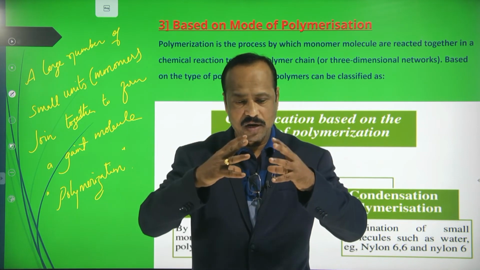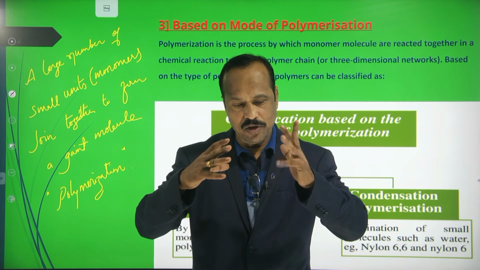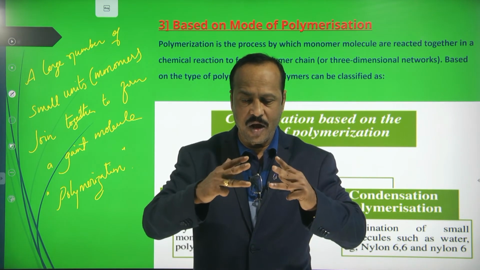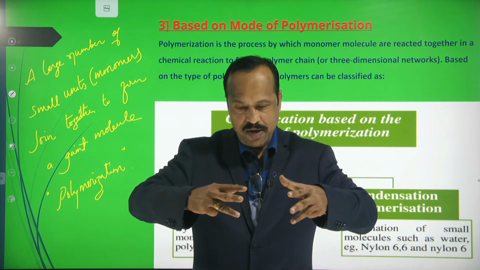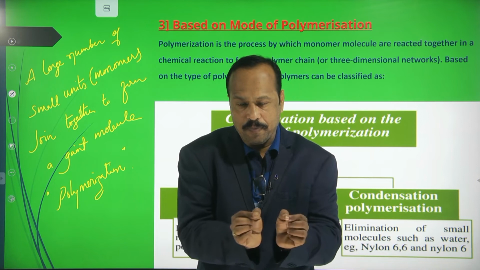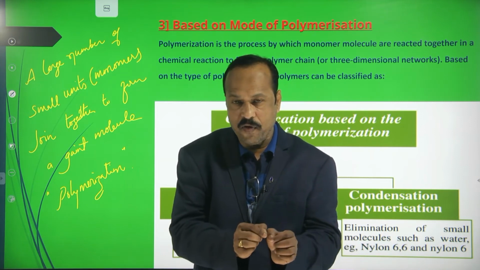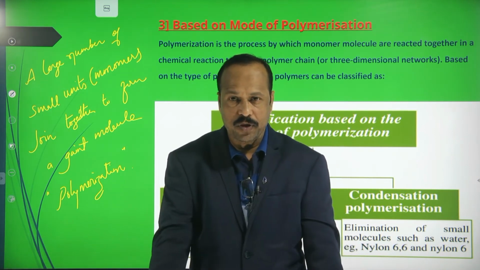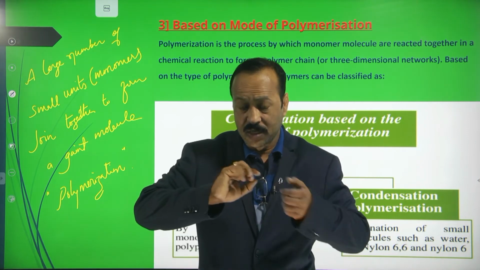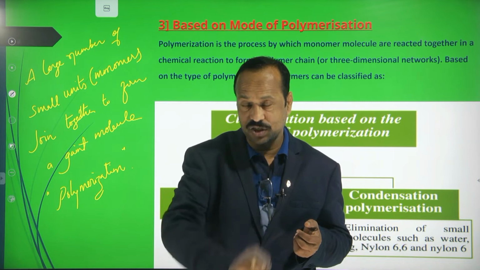When these both come together, what happens? This atom drops out from here, this atom drops out from here. Now the remaining parts will join here. So when these are joining, some atoms or groups of atoms are removed from both the molecules. This process is called condensation polymerization.